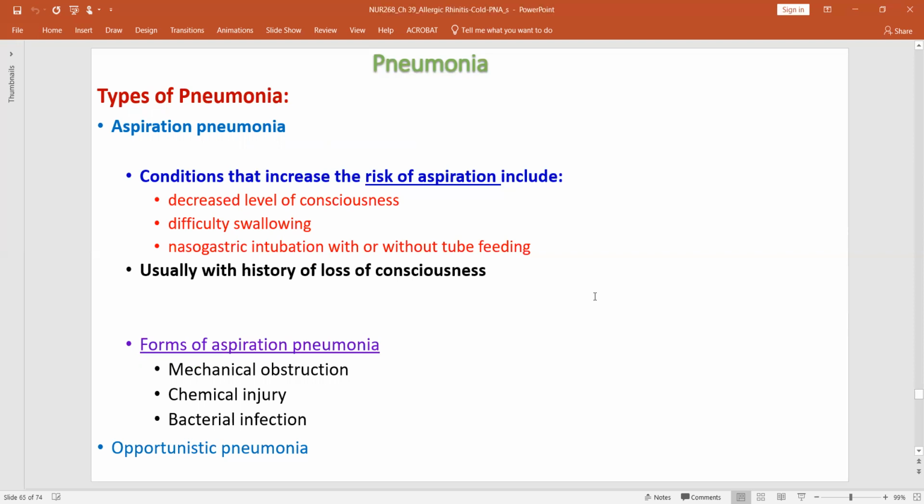And we also have the last two types of pneumonia, which are opportunistic and aspiration.